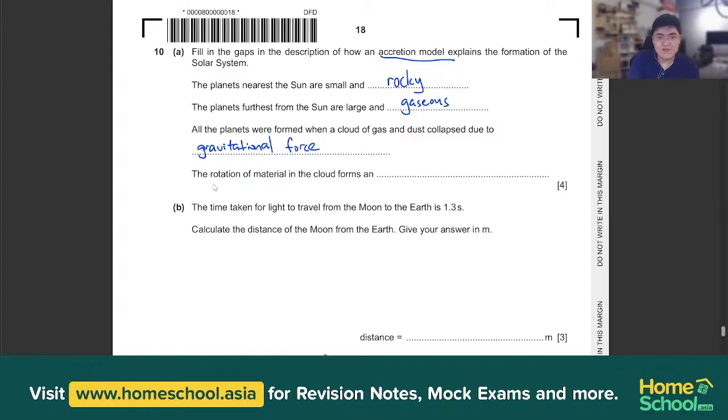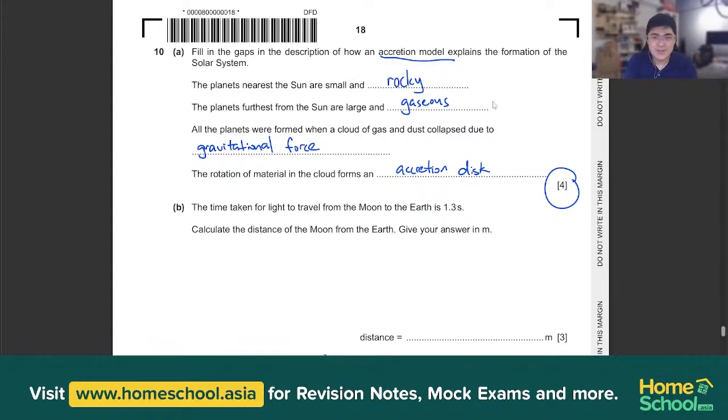And last but not least, the rotation of material in the cloud forms an accretion disk. And just like that, 4 marks in the bag. Easiest 4 marks, isn't it?